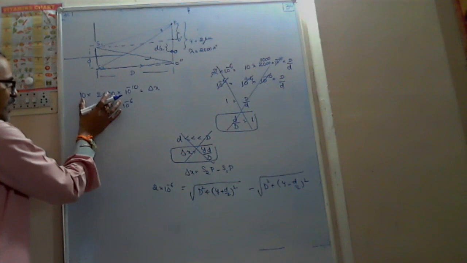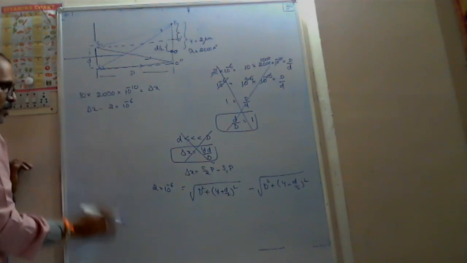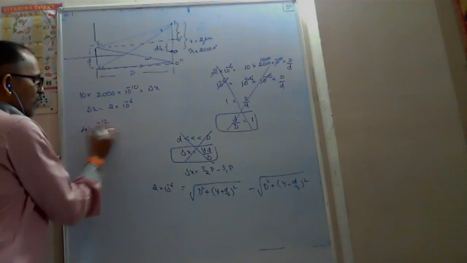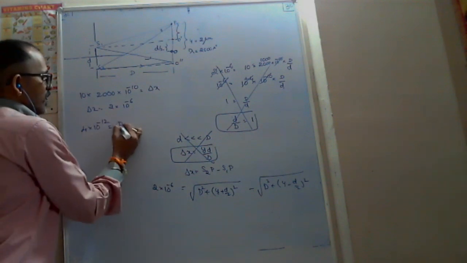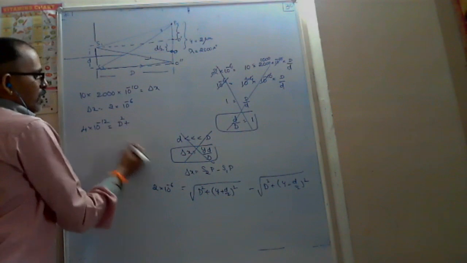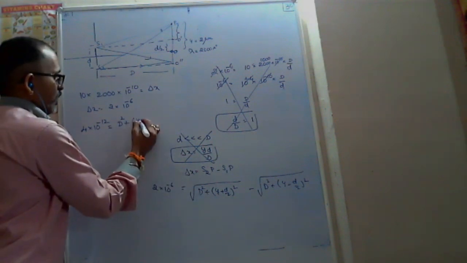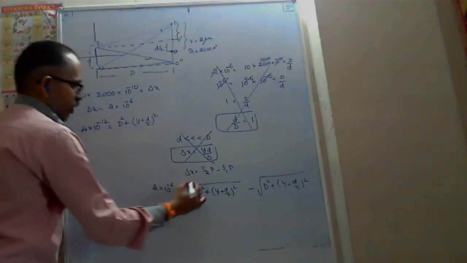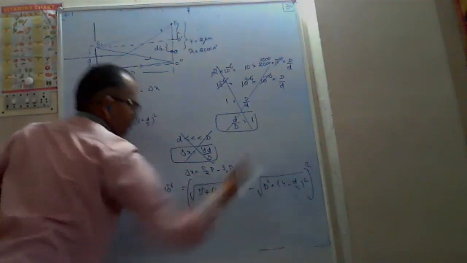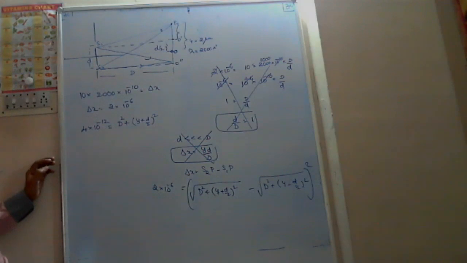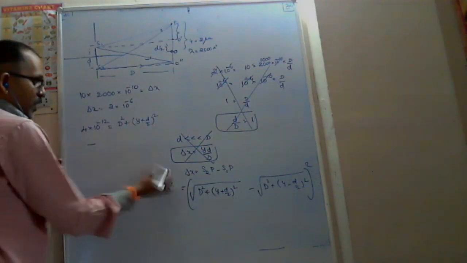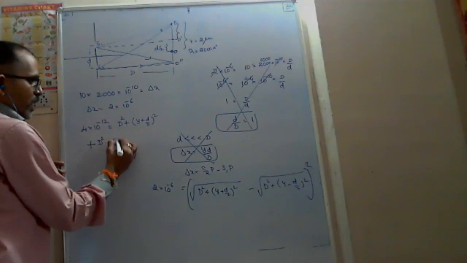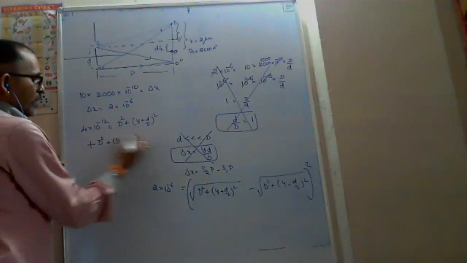So I have to go through this formula, and delta x we form 2 into 10 power minus 6. Substitute here by taking 10 lambda, n lambda. And squaring both sides, we will get 4 into 10 power minus 12 equals D square plus y plus d by 2 whole square. Okay. Squaring means whole square now. Plus a square plus b square: D square plus y minus d by 2 whole square.